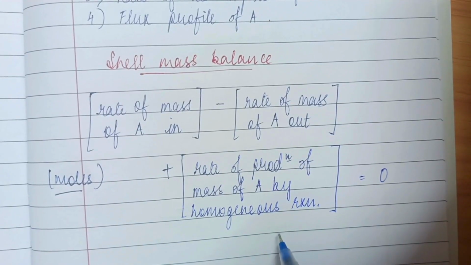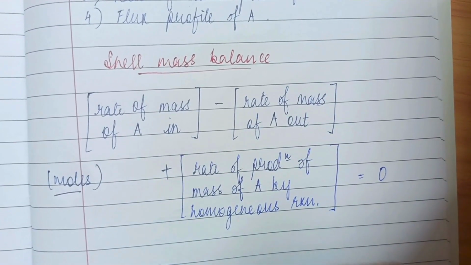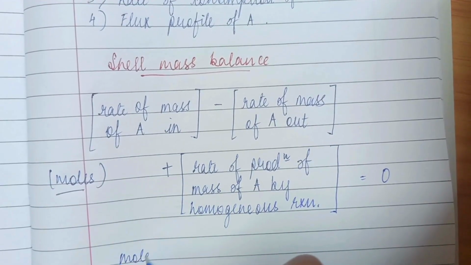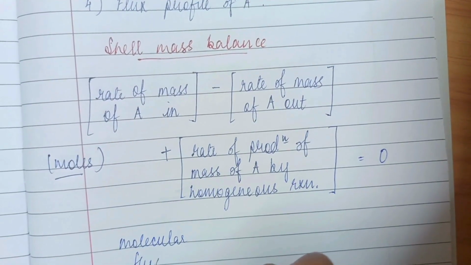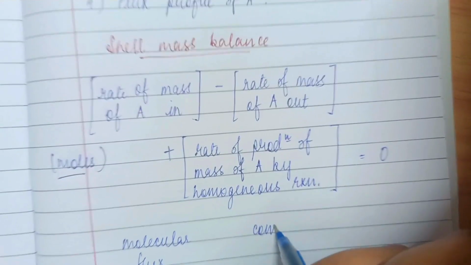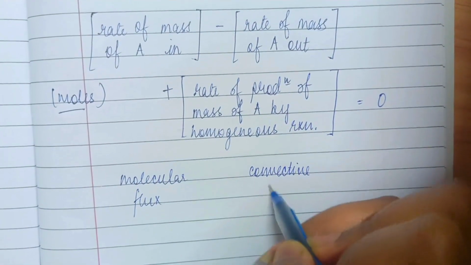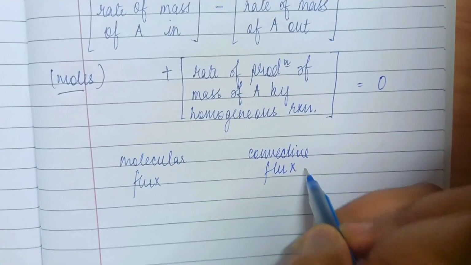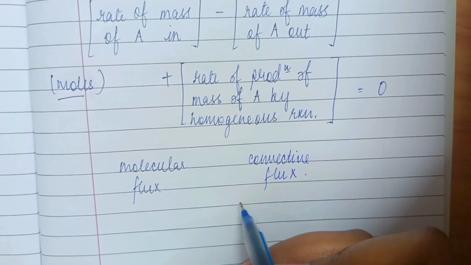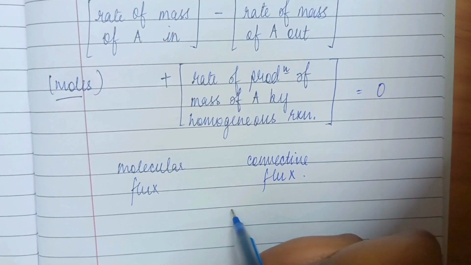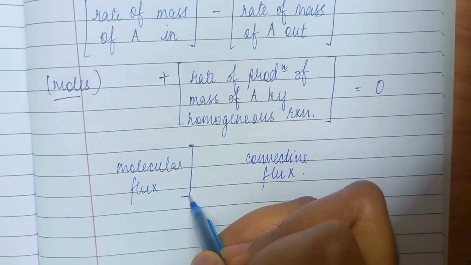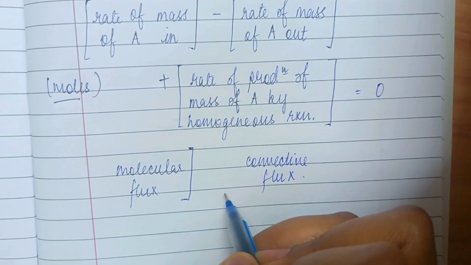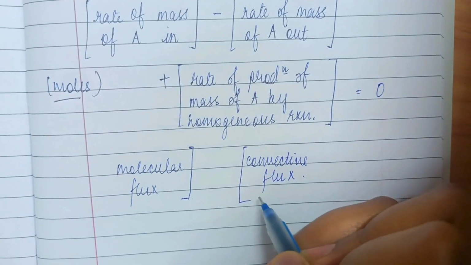As we saw in the term of NA, we have two terms: one is the molecular flux and the other is the convective flux.